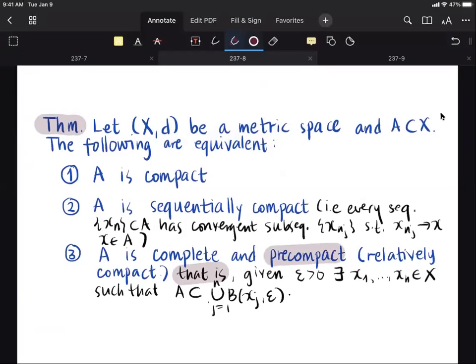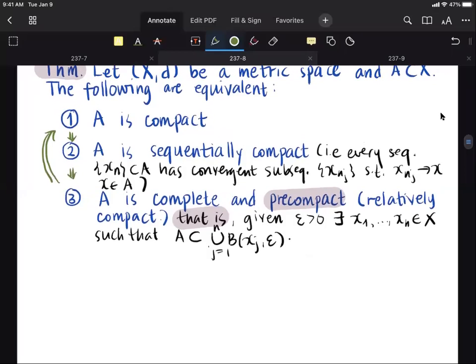So again, compactness in a metric space is equivalent to sequential compactness, and moreover, it is equivalent to completeness and pre-compactness of the set. For the proof, we proceed in establishing three implications. Namely, 1 implies 2, 2 implies 3, and then 3 implies 1.